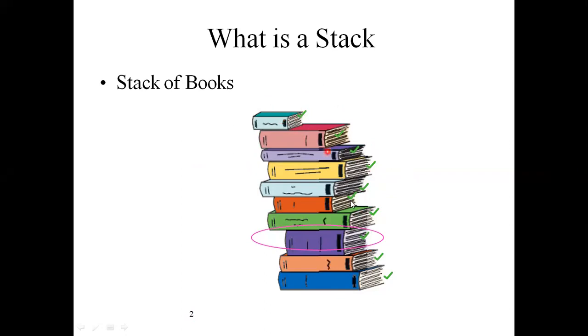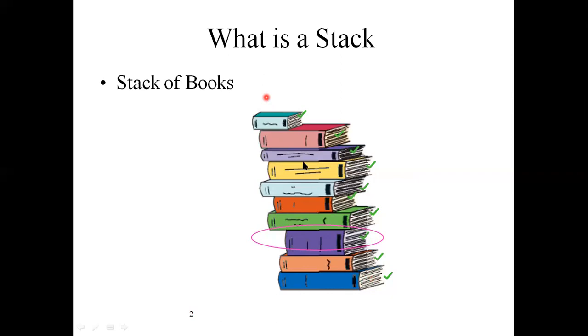That is stack. So if you want to take this last book, the first book placed will come out last. This is the nature of the stack. This is the operation of the stack. All three are the same. So the stack will work on the principle of last in first out order.